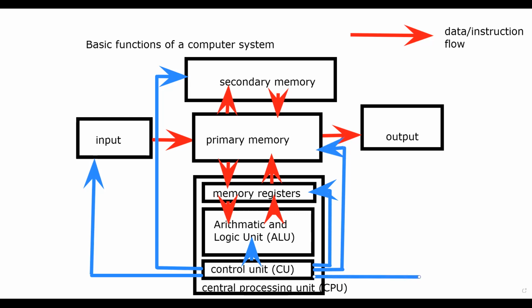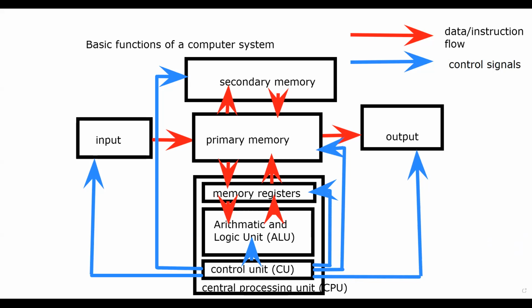This is how the control unit controls the other parts of this. So this is actually control signals. So what we had was control signals. Yes, control signals. This is in blue color. What we have seen is control signals.